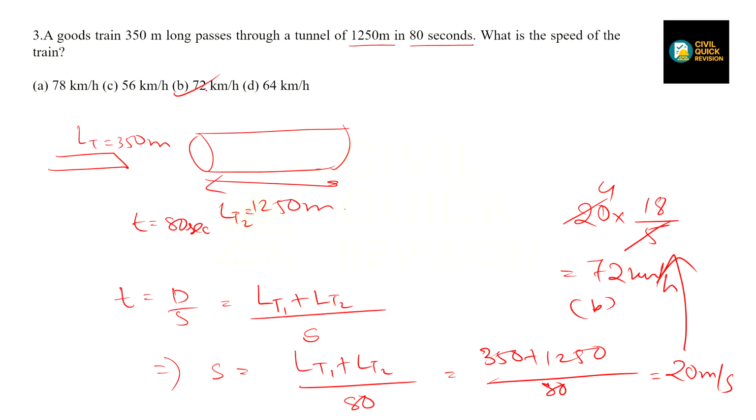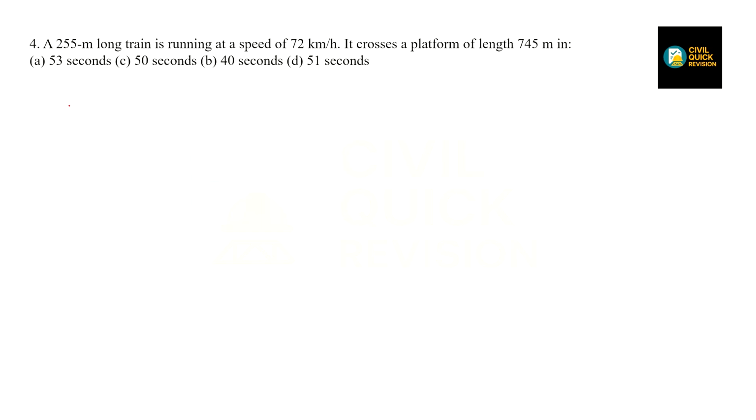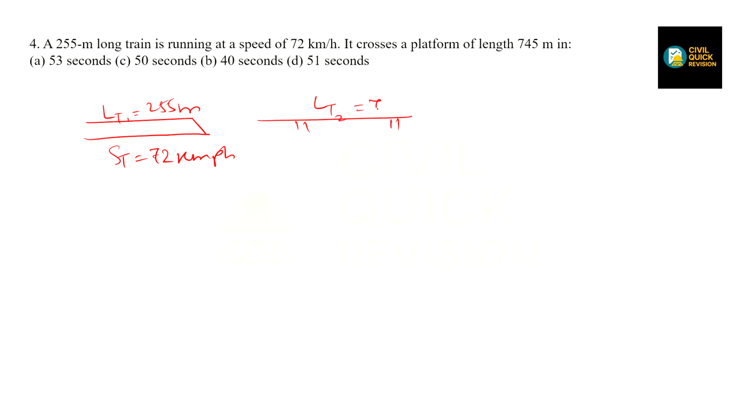Okay, now coming to the fourth question. A 255 meter long train is running at a speed of 72 km per hour. It crosses a platform whose length is 745 meter. In how much time does it cross the platform? They ask the time.